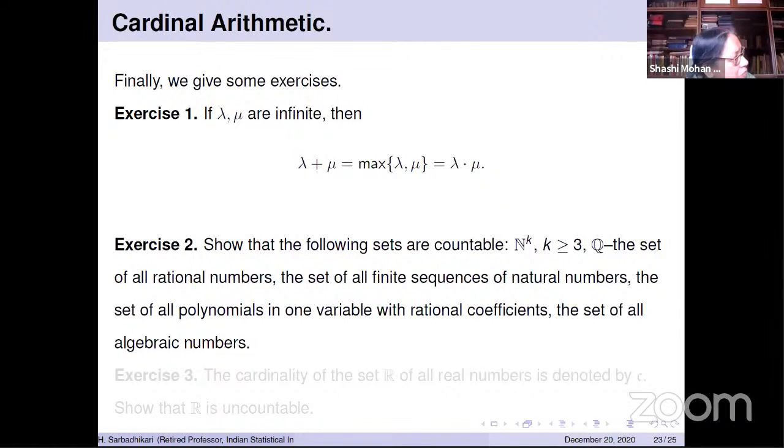By the way, in exercise 1, the hypothesis is that lambda, mu are cardinal numbers of which at least one is infinite. I am not demanding both are infinite. Then also it is true. This is a different one. This is just exercise 1. What I said was a different one.